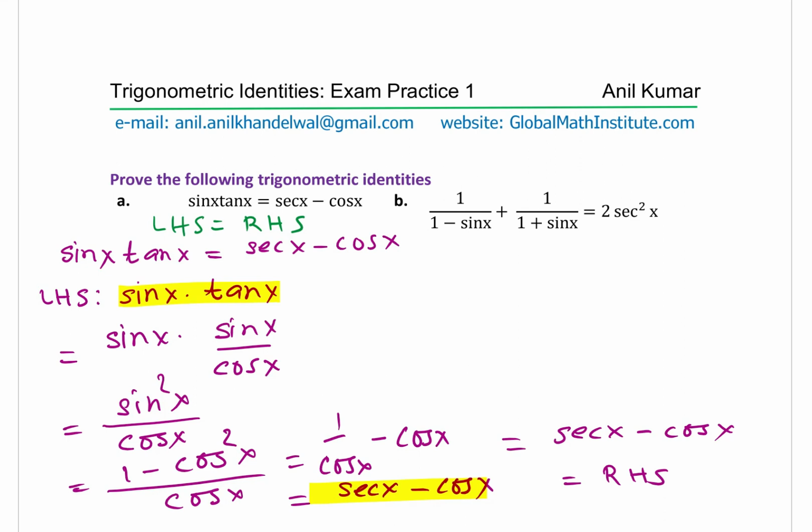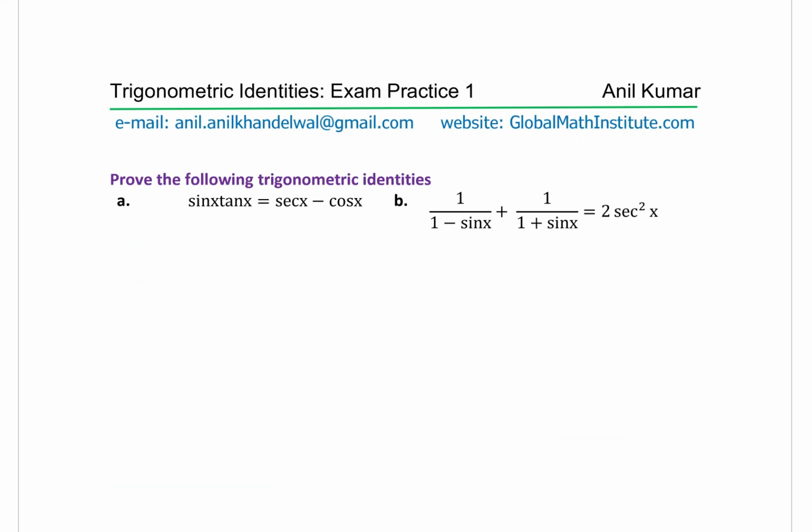Now let's take the second identity, which is 1 over 1 minus sine x plus 1 over 1 plus sine x equals 2 secant square x. We'll begin with the left hand side in this case.